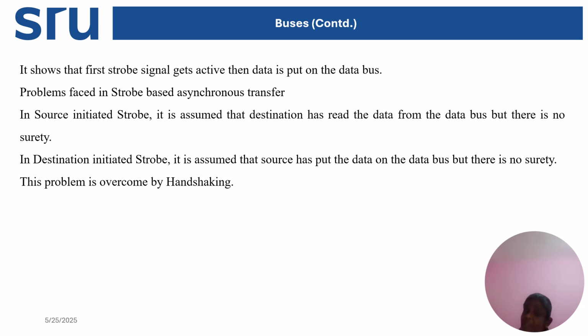If the data is delayed from the active signal by some time, we are not sure the source has put the full available data on the data bus. Maybe partially, maybe not.